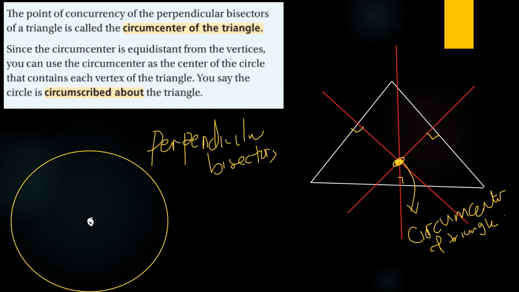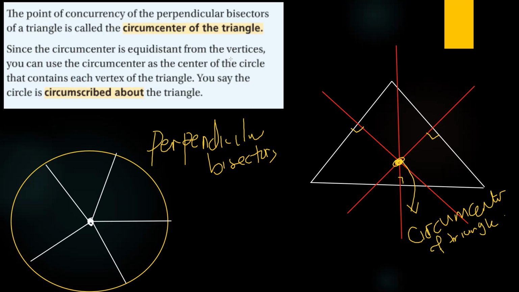The radius is a line starting from the center and ending at a point on the circumference of the circle. It could be here, here, here, or here. So this is a circle.